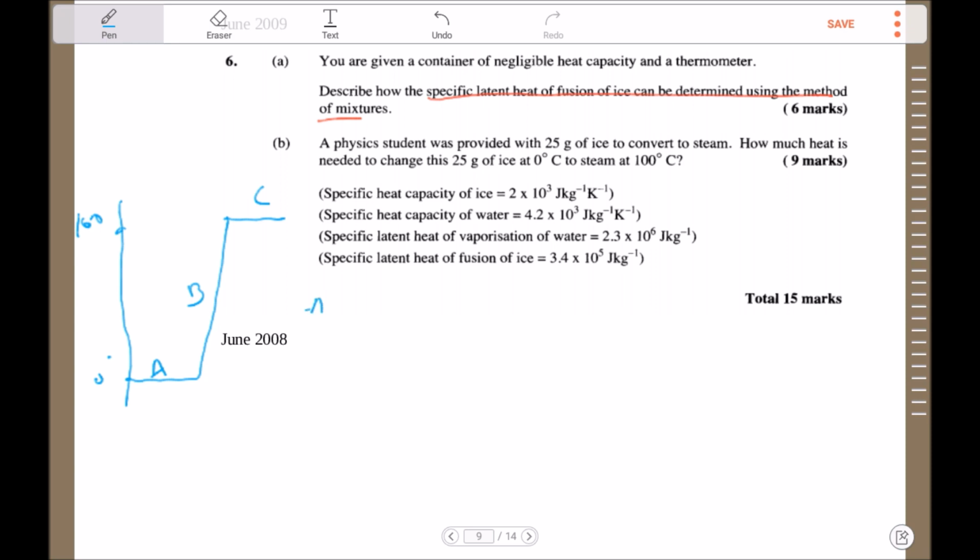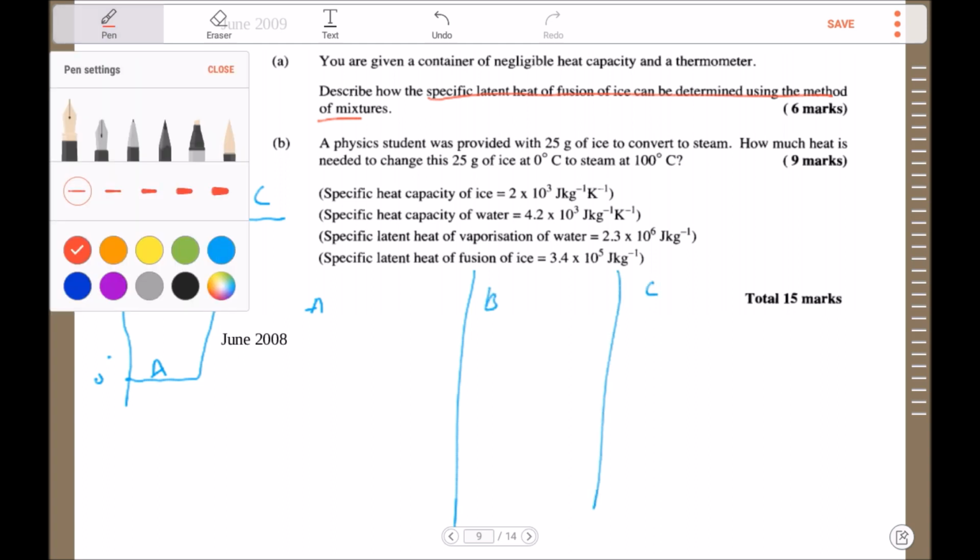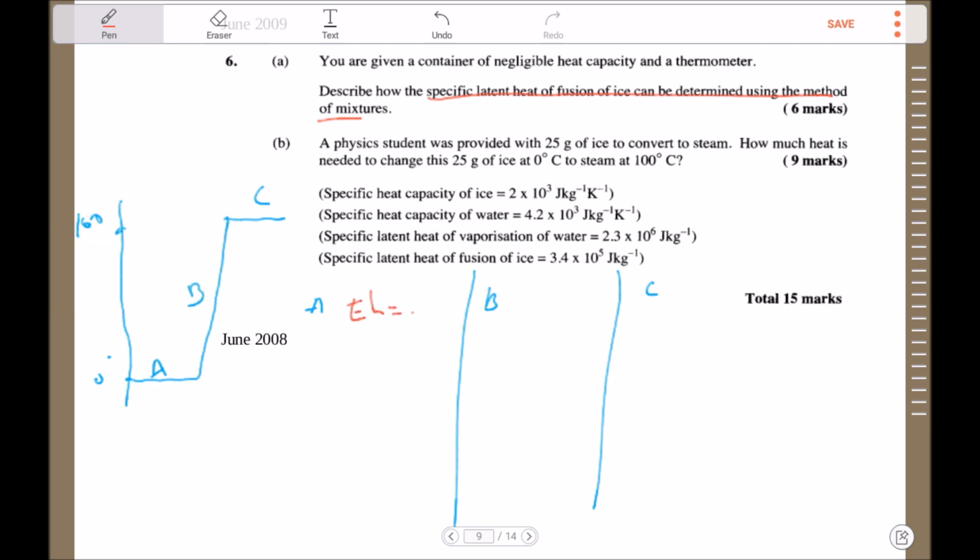So for part A, let me section this up. A, B, C. For part A, we're changing state, so latent heat, EH. Part B, heat capacity. And part C. Alright, so now our mass is equal to 25 grams, that is 0.025 kilogram.